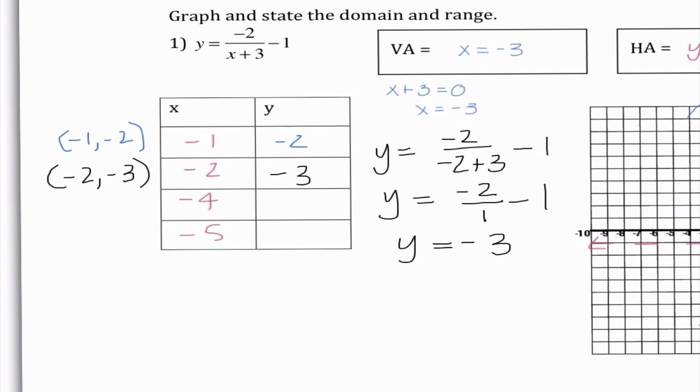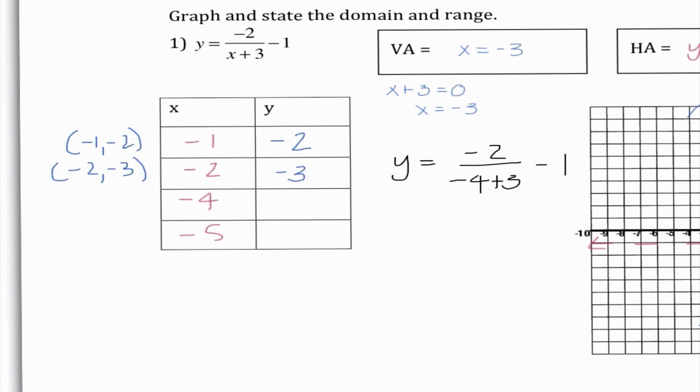So we have successfully found the two ordered pairs that we're going to use that are to the right of our asymptote. Now I'm moving to x equals -4. So when I substitute that in, I get -2 over -1 minus 1. So I get 2 minus 1, which is 1. So that gives me an ordered pair of -4, 1.